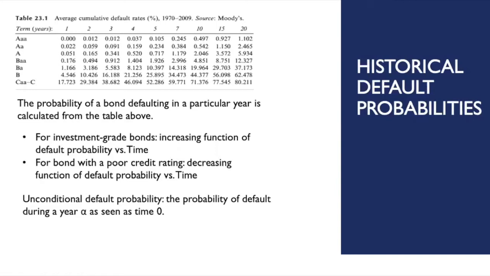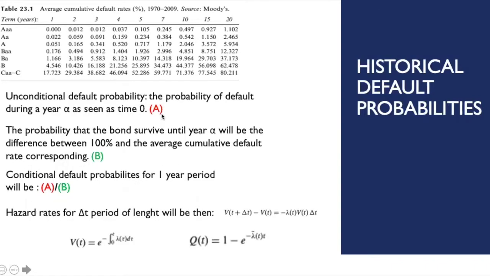Now we can also calculate the probability that the bond will survive until the same year, and this will be the difference between 100% and the average cumulative default rate corresponding. So for example, for the third year, the probability that the bond will survive will be 100 minus 38.68.